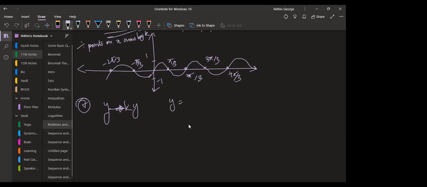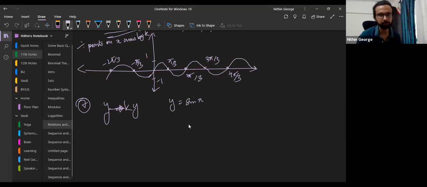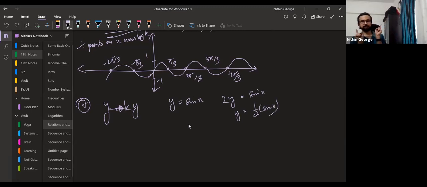So you have y equal to sin x. Let's use the same example, and then 2y equal to sin x. So I'll write y equal to 1 by 2 into sin x. So the x-axis, nothing changes. Understand that. Wherever sin x is 0, sin x divided by 2 will also become 0, right? So x-axis, nothing really changes. What changes? The amplitude of this wave.